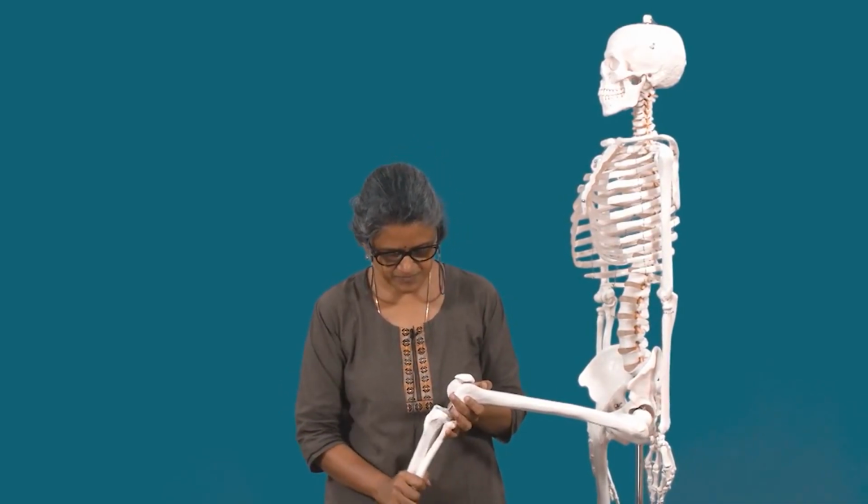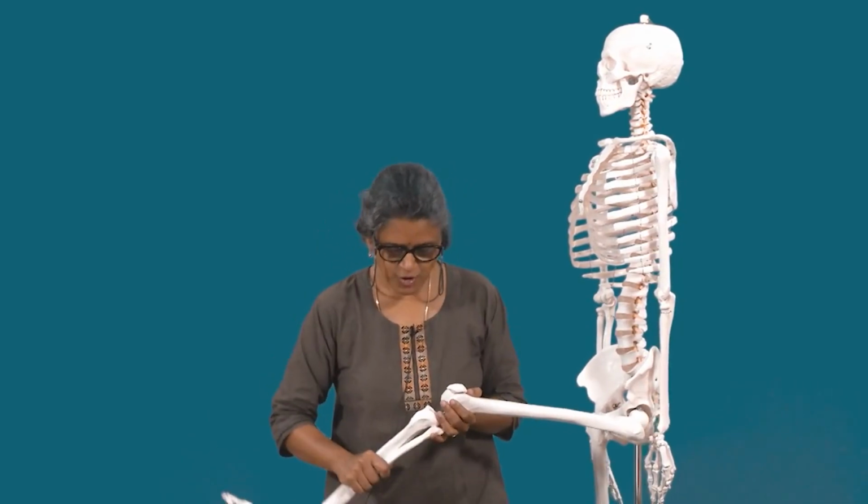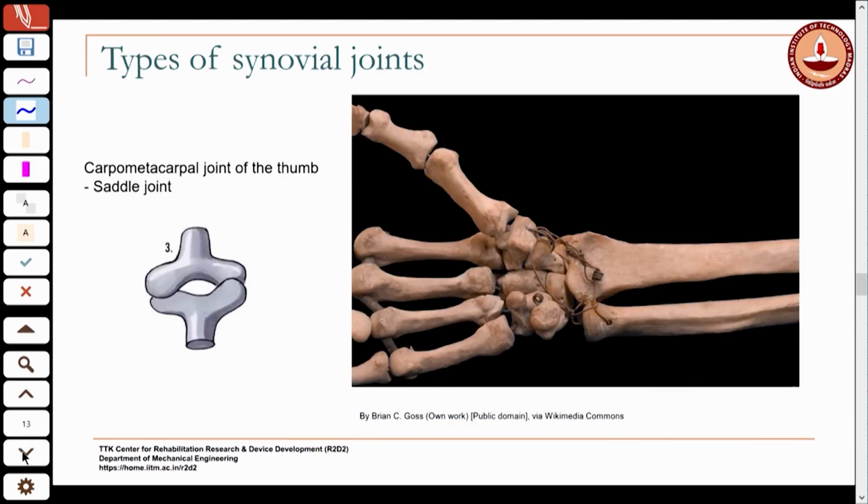It is a joint with a moving center of rotation, but for all practical purposes we can treat the knee as a hinge joint. Again, your interphalangeal joints, joints between the different parts of the finger, between the phalanges are hinge joints.